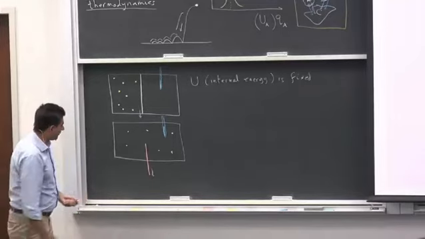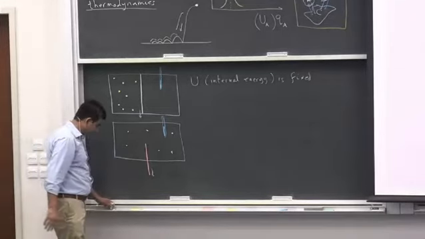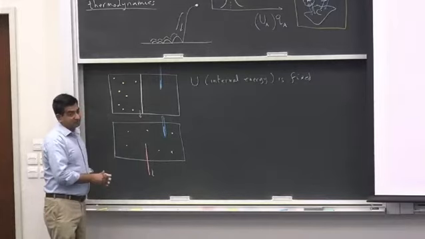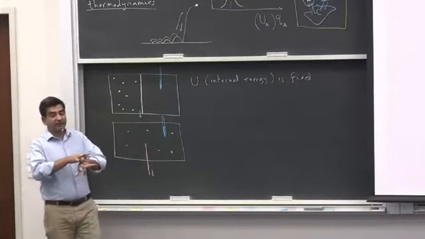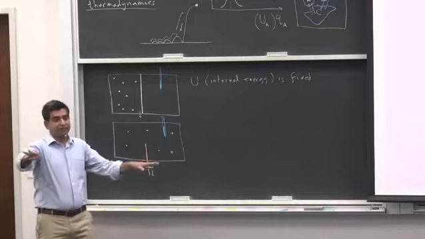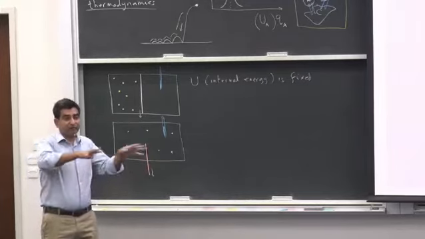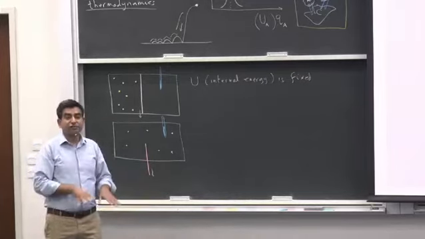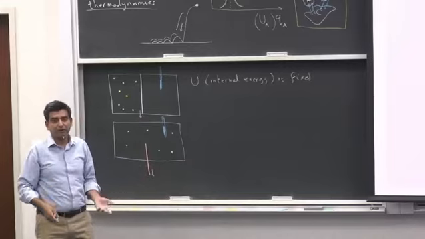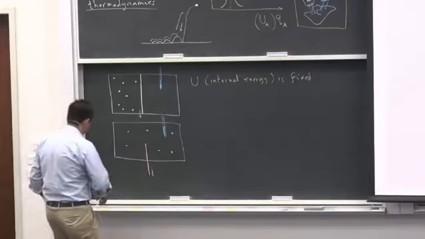Intuition is good. Everyone could tell you that these molecules are going to diffuse. And it seems that since these molecules have greater volume to go into, they have more space to go into, they have more freedom, they have more available microstates, so they would go there. But let's do a quantitative calculation, a basic calculation here.